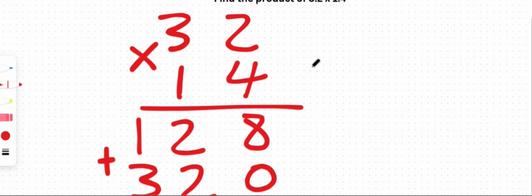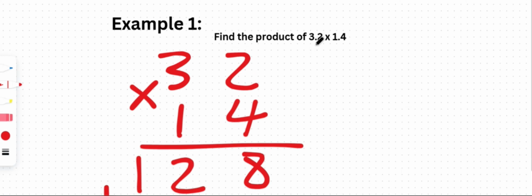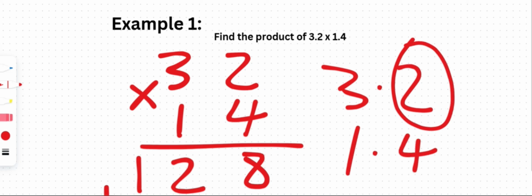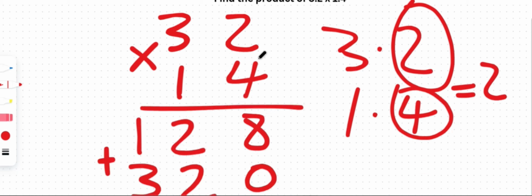So counting the decimal places from my original question, 3.2 has one decimal place, 1.4 also has one decimal place, and that gives me a total of 2 decimal places.